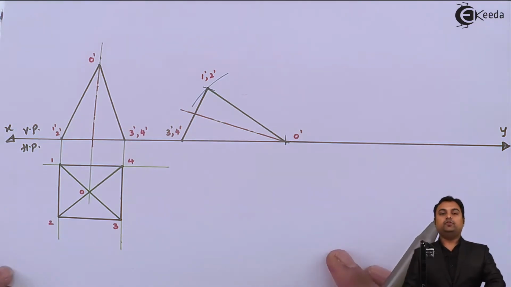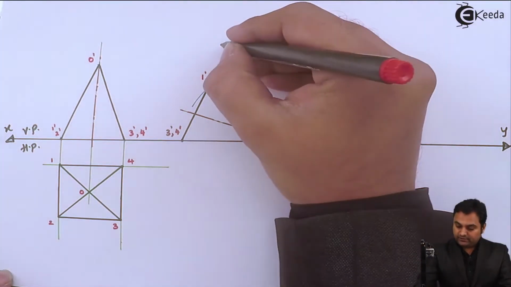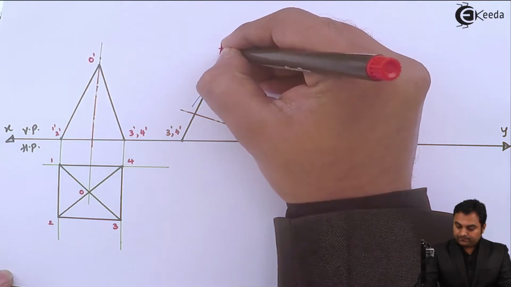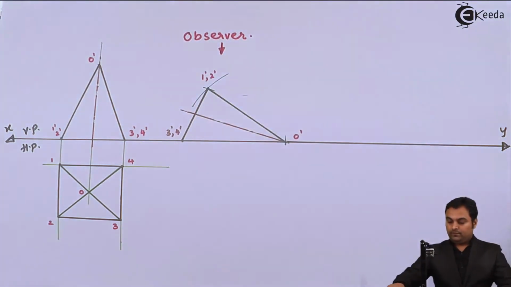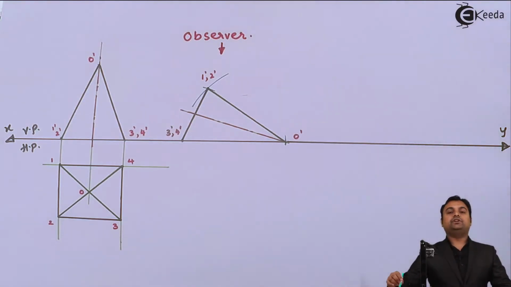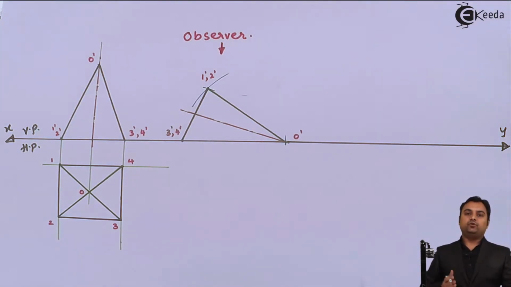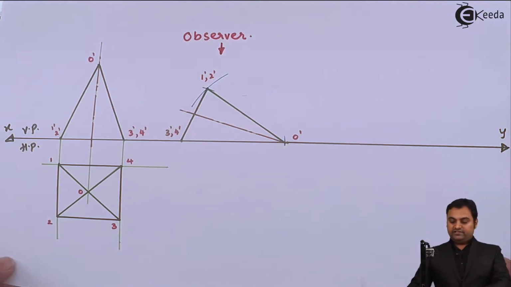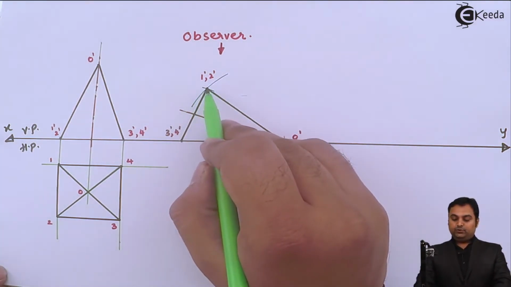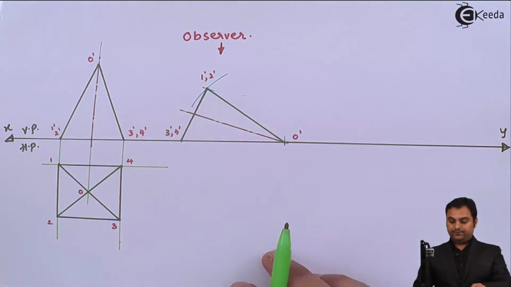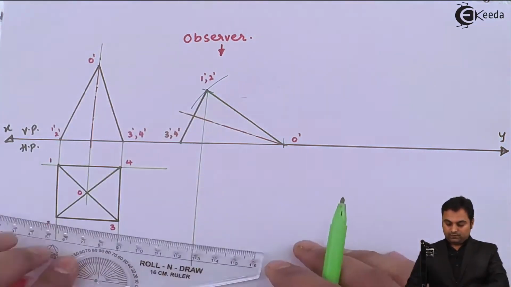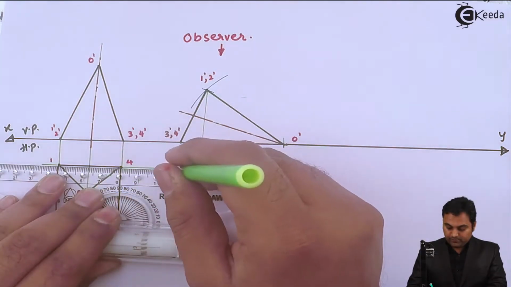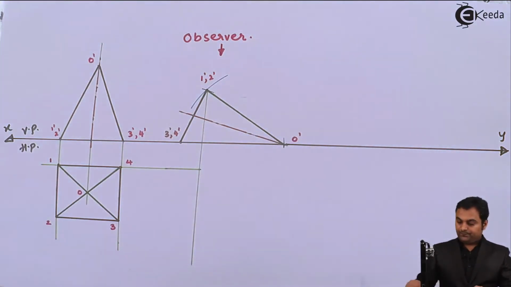Next, I'll draw the top view of this pyramid, and for that the observer is here. Now I need to project first those points which are closer to the observer. So if I see here, points 1 dash and 2 dash are closer to the observer. So point 1 will be projected to the top view.